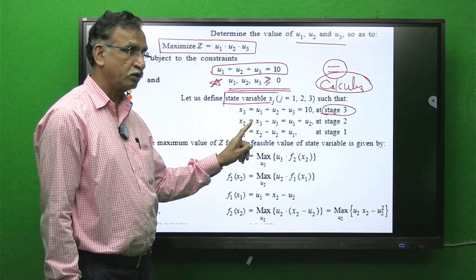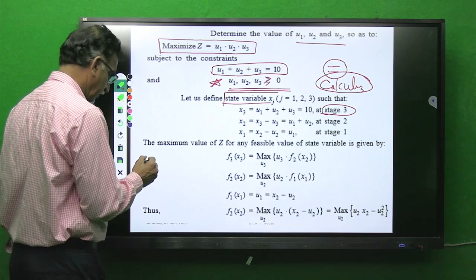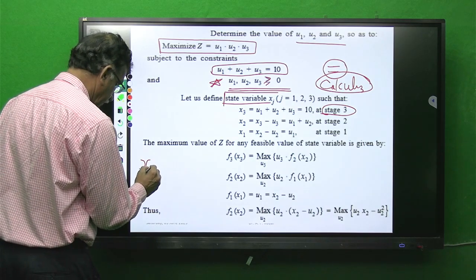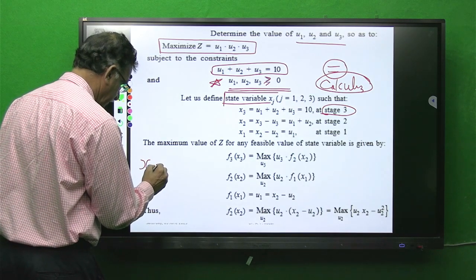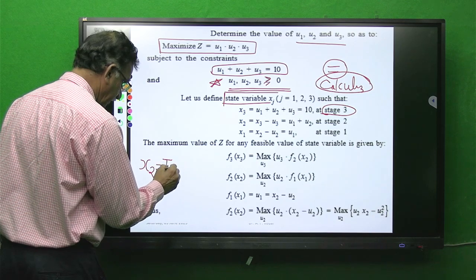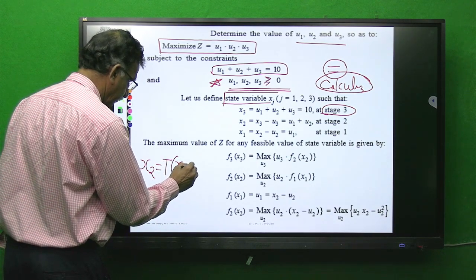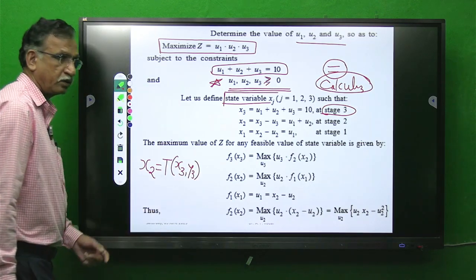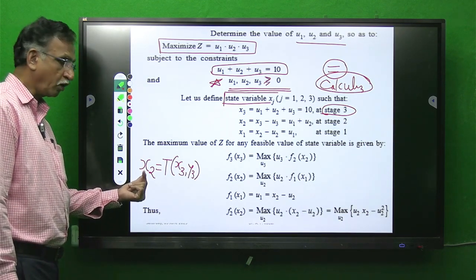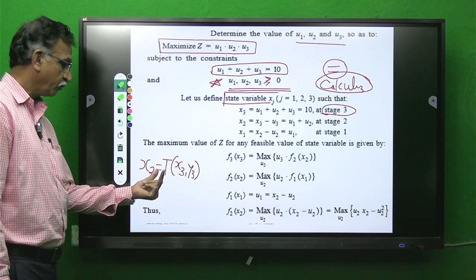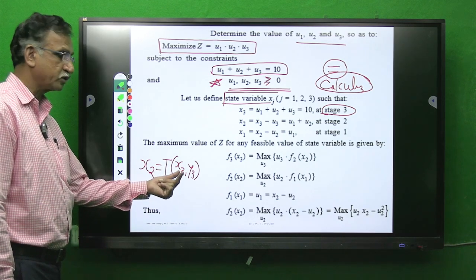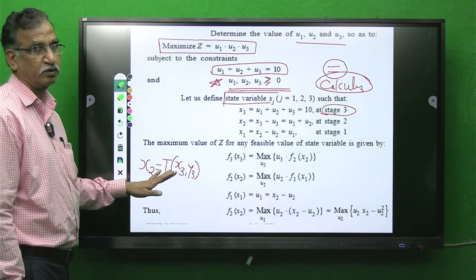So x2, if you recall, in our last series of lectures we have many a time written this particular state transformation: x2 will be equal to t of x3, u3. This equation we have studied.